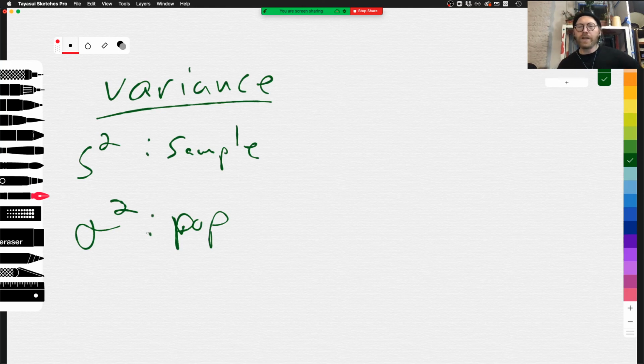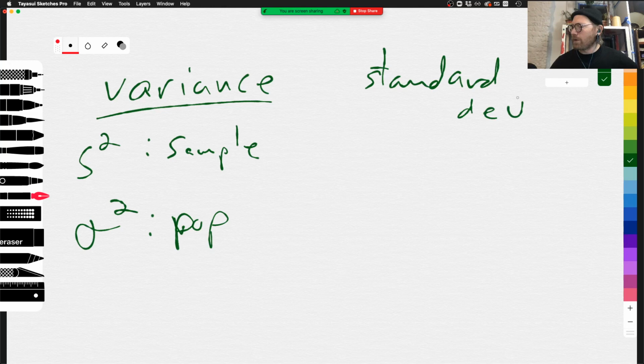Well, we call it S squared because it turns out that standard deviation tends to be much more helpful to us than the variance, okay? So we'll tend to use standard deviation more because, as you'll see, it's in the units that our data is in, right? So when we say variance is S squared, it turns out standard deviation is just S, right? And sigma.